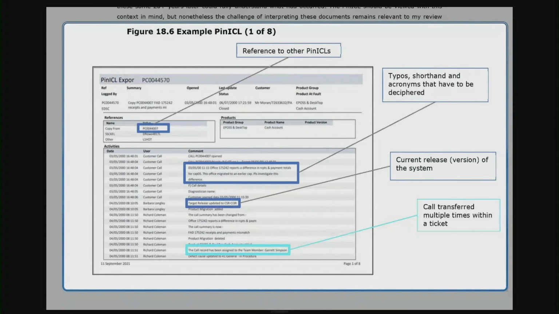You can see there's an opened date, this one at 12 minutes to 5 on the 3rd of May 2000, I think that is. That is correct. Then the last update and status, you can see that it was last updated at 21 minutes past 5 on the 6th of July, and that its status was closed.